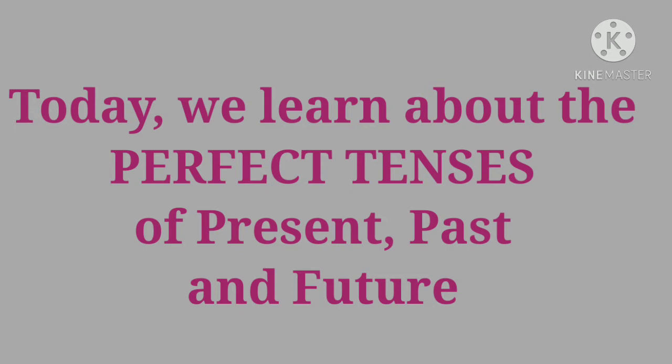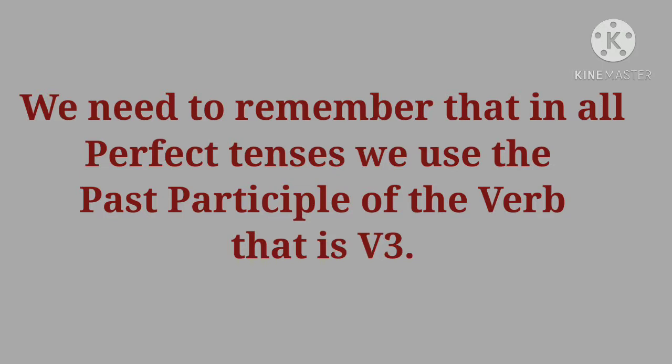So let us continue. Before we start learning about a perfect tense, remember that in all the perfect tenses, that is the present perfect, past perfect, and the future perfect, we use the past participle of the verb, that is what we call V3. In present, we use the V1. Simple past, we use V2.